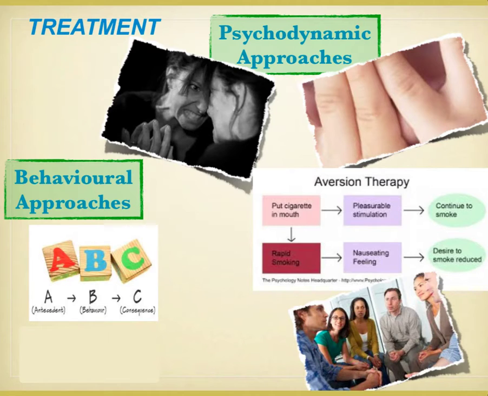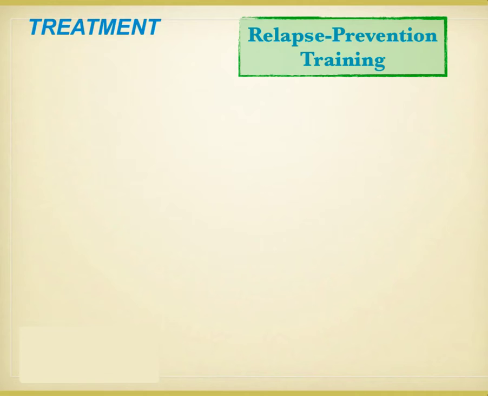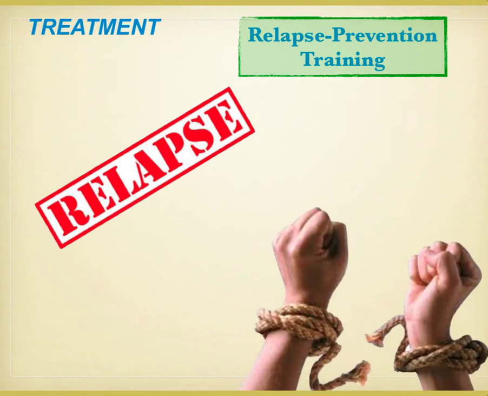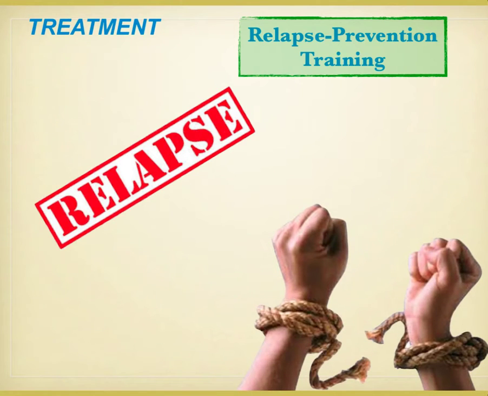Regardless of the initial success of the treatment technique, relapse remains a pressing problem in treating people with substance abuse issues. So there's relapse prevention training, and relapse is just a reoccurrence of the problem behavior. Relapse prevention training employs cognitive and behavioral techniques that help ex-abusers cope with high-risk situations and prevent a lapse from becoming a full relapse, by helping participants interpret the lapse in a less damaging way.